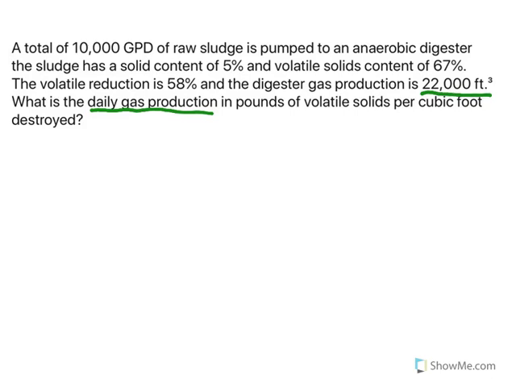So the way that we are setting this problem up is gas production of 22,000 cubic feet. We're given that. The rest of this information we are going to use to determine how many pounds of volatile solids are actually destroyed in this digester.